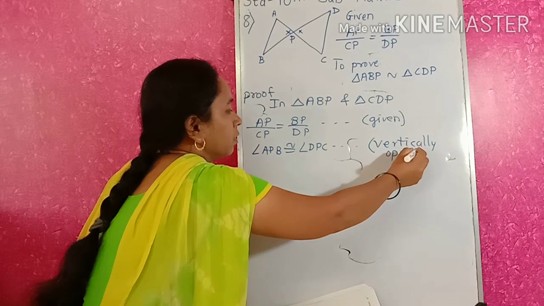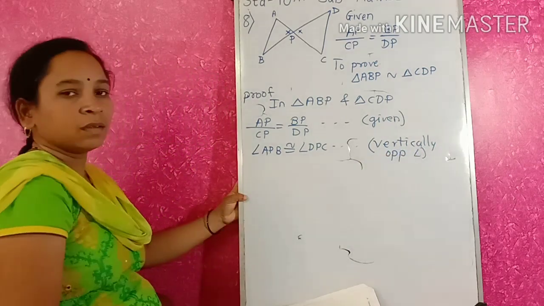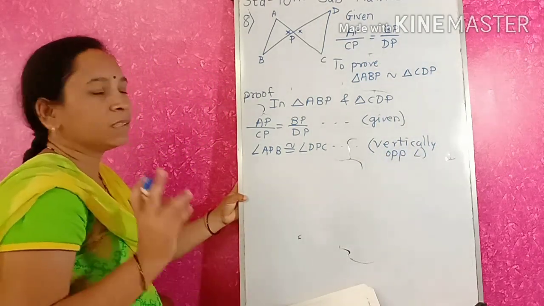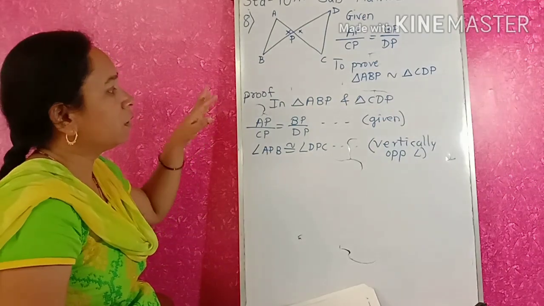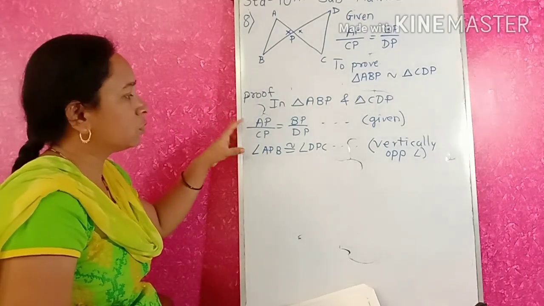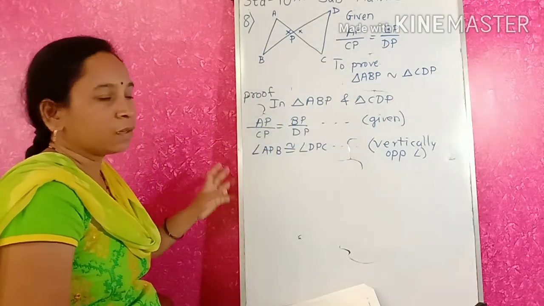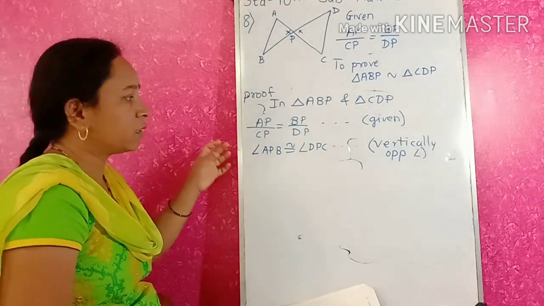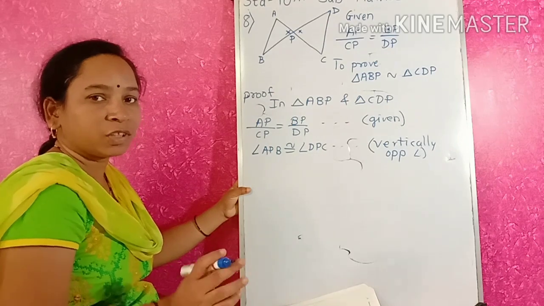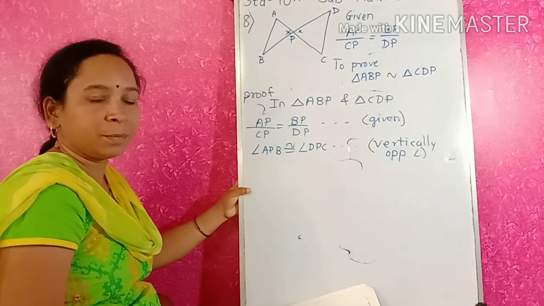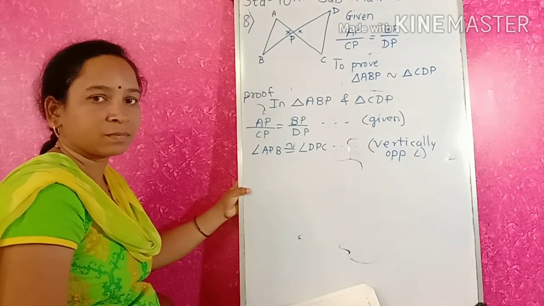Students, please take once again a pause and tell me by which test these two triangles would be similar. Just write it down in the comment box and check your answer. Please write fast.